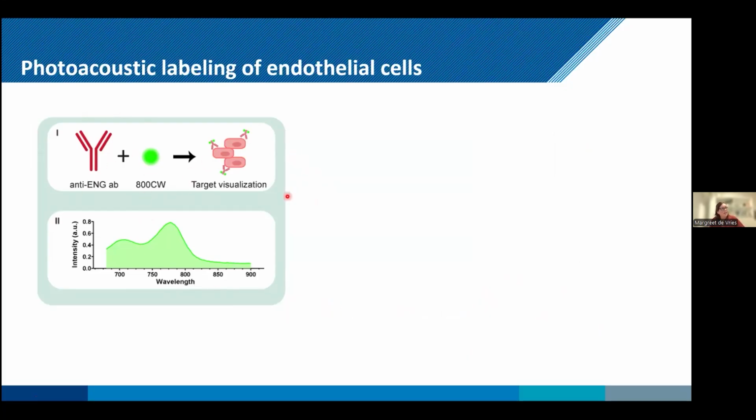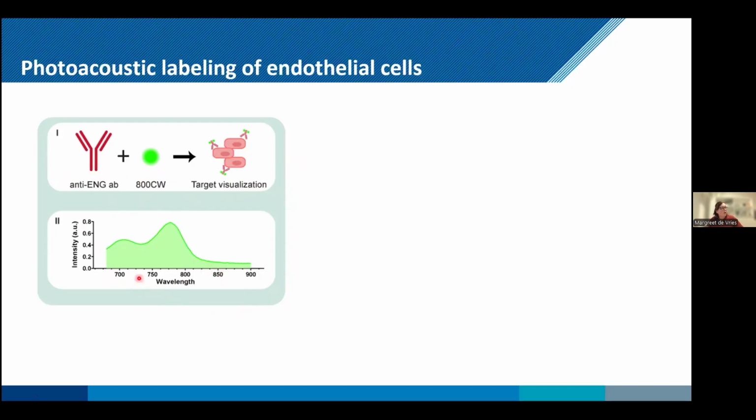And as you use these labeled antibodies, it's really important to make your specific profiles, because labeling of a photoacoustic marker like 800CW with an antibody can cause changing of the photoacoustic profiles of these markers.